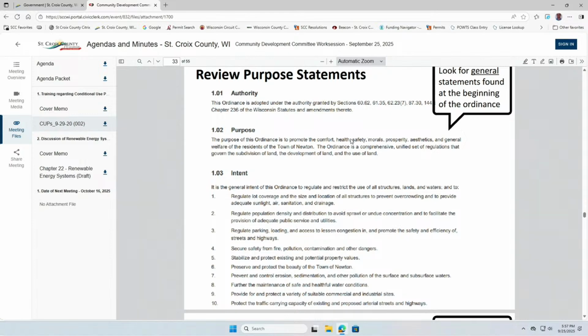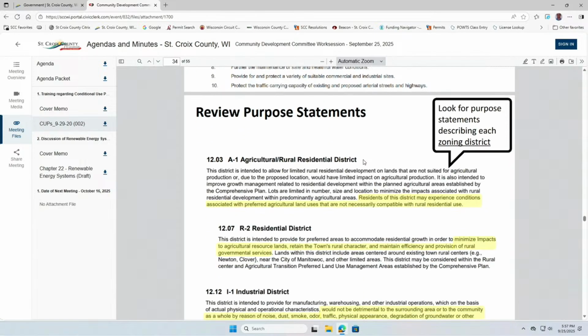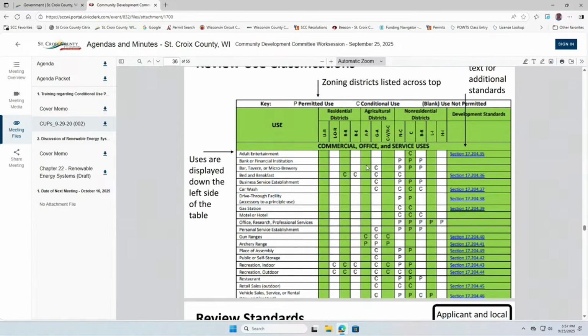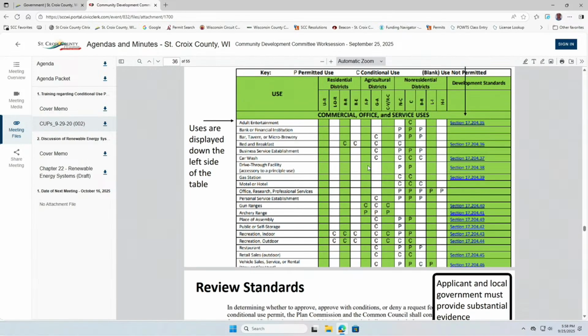Also, reviewing the land use classifications. This is an example of our use table under 15.285. The Cs in that identify a use as a CUP, just making sure that those uses are in the correct zoning district or classification.